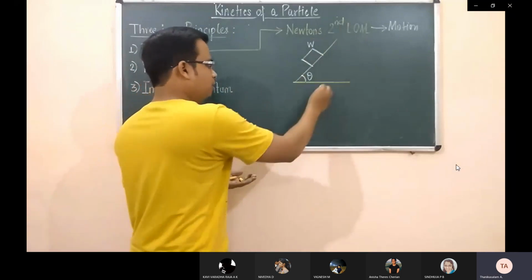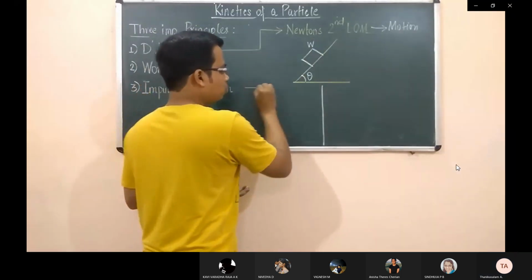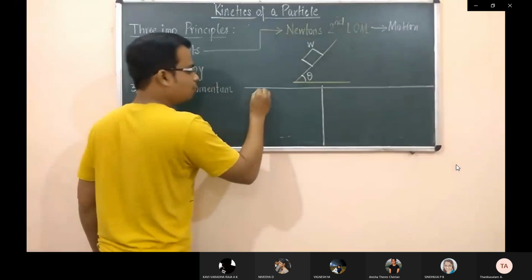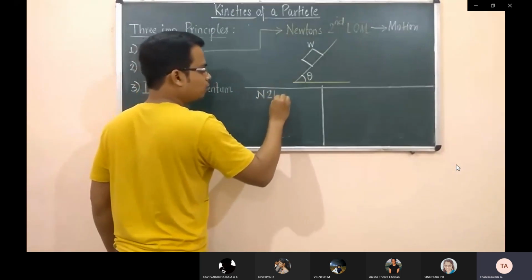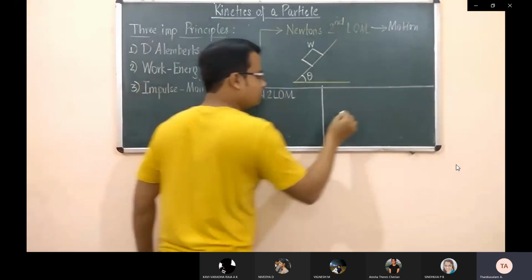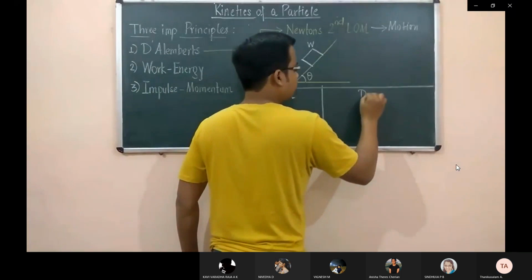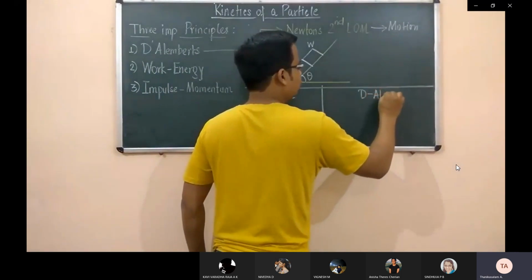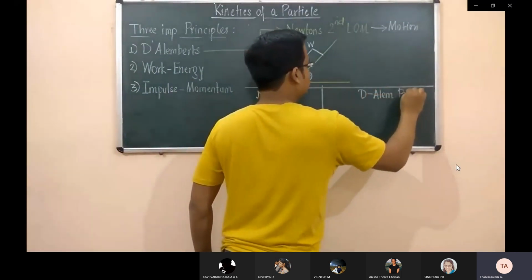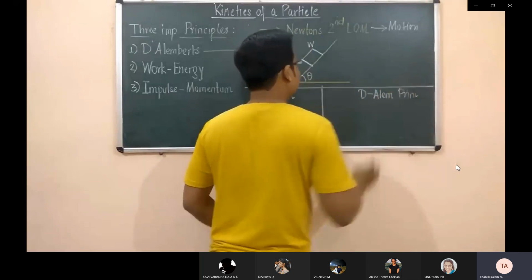So I'm going to be doing two different things. Over here, I'm going to be applying Newton's second law of motion, and over here, you're going to see that we are going to be framing the equation with the help of D'Alembert's principle. Let's go ahead and do this.